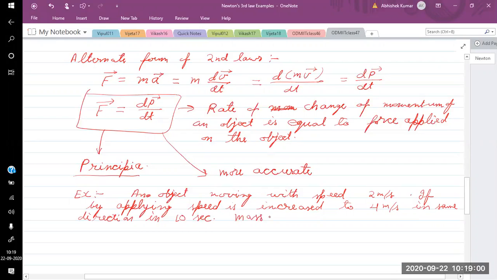The mass of the object is given, suppose 5 kg. Find the force acting.